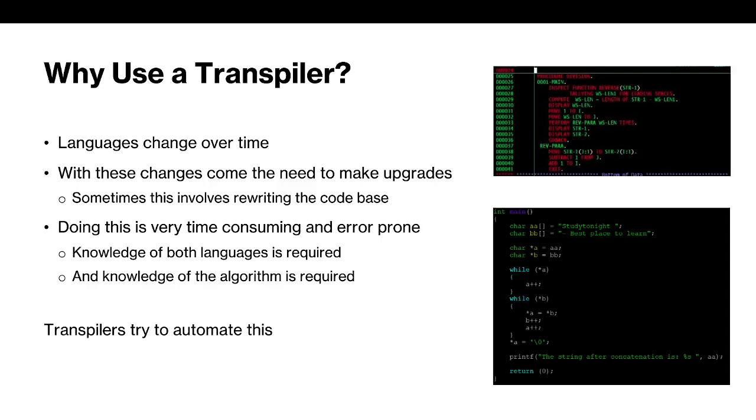You need someone who understands both languages and has a fair grasp of the algorithms of both languages and the programs they're translating as they do this. And this is, as you would expect, very time consuming and error prone. So having a way to automatically do this is desirable.